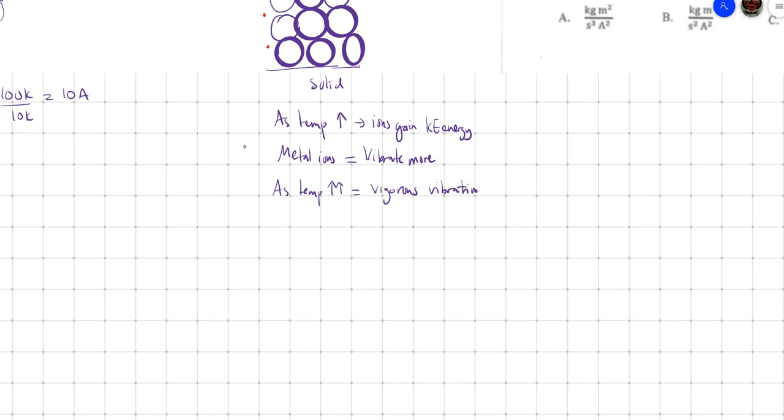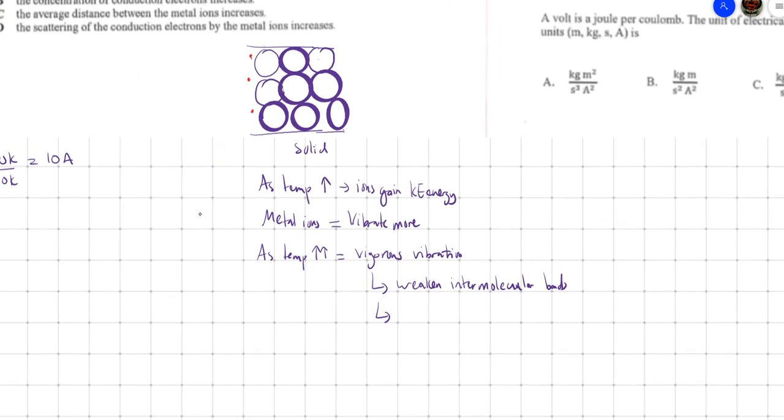And this actually weakens the intermolecular bonds between those ions. And those ions will start to go further from each other, because those bonds are weakening now.